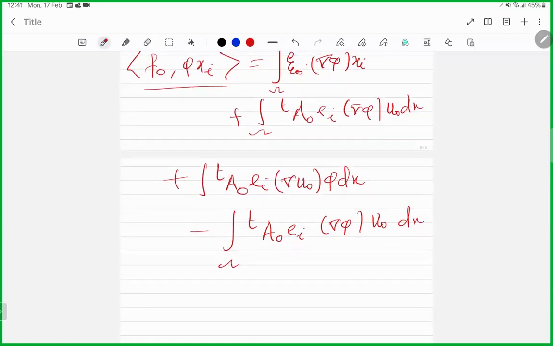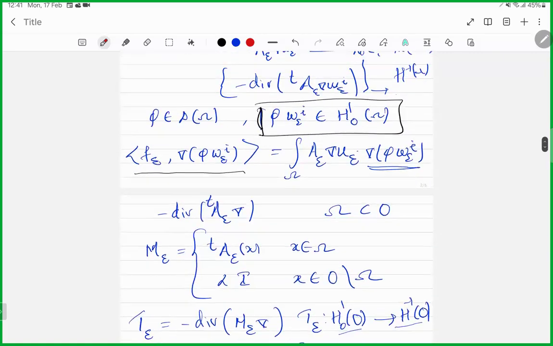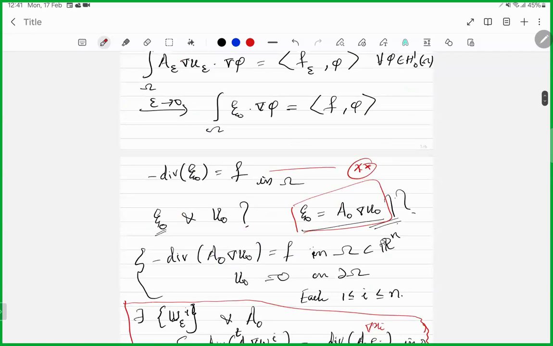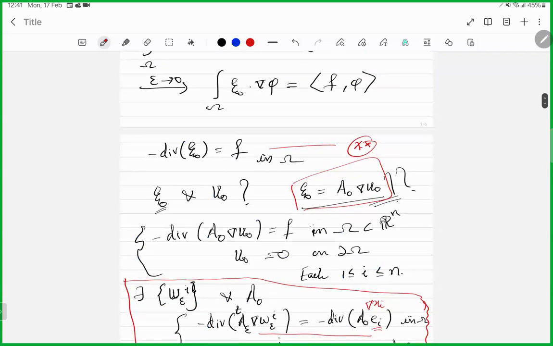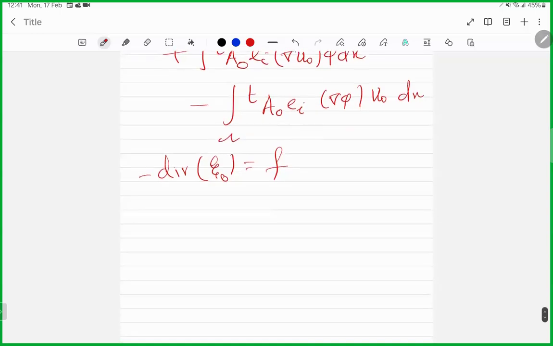Now we already have this information that the divergence of xi naught is f. We had just done the weak formulation, right? You remember that when we started initially? Here, the double star. We already had the double star, right? So if you use the test function phi xi here, then you get whatever we had on the left hand side here.